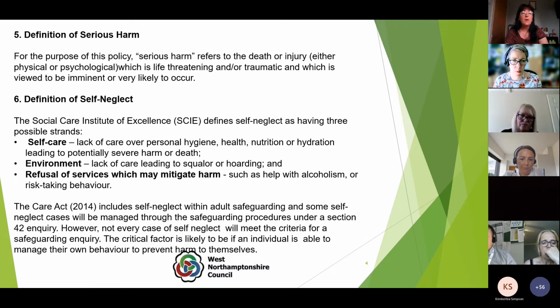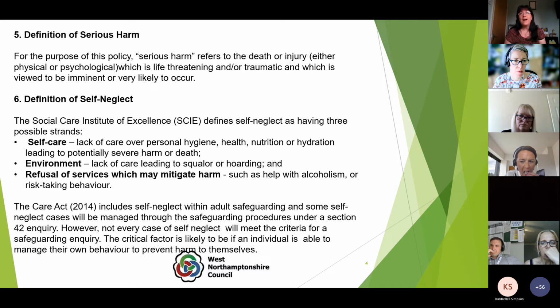And I suppose the thing that people need to understand is that just because somebody says no does not mean that we should stop at that point, because the Care Act does include self-neglect within adult safeguarding, and some self-neglect cases will be managed through the safeguarding procedure under a Section 42 inquiry.